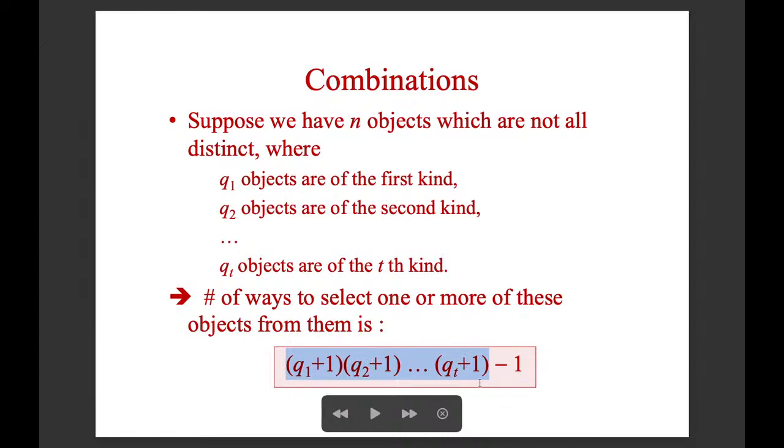So one of them represents the way that we are selecting nothing. If our problem is to find the number of ways to select at least one object, then we need to deduct 1 to take away that case. But in some examples, we don't need to take away this minus 1.